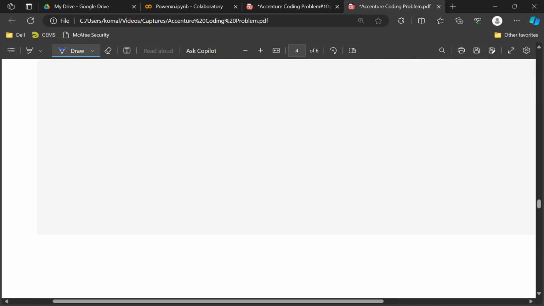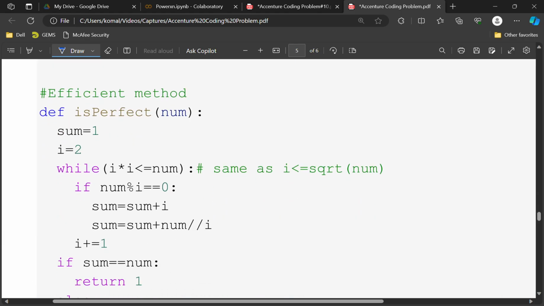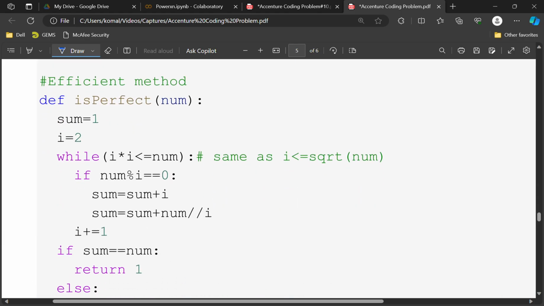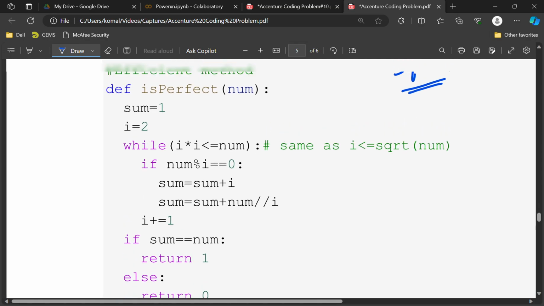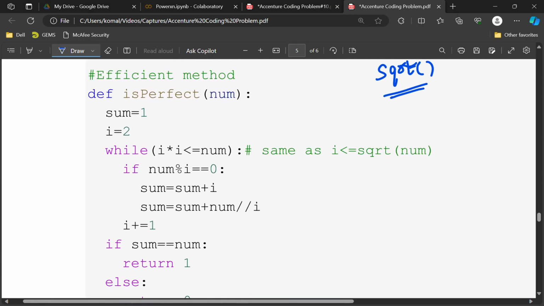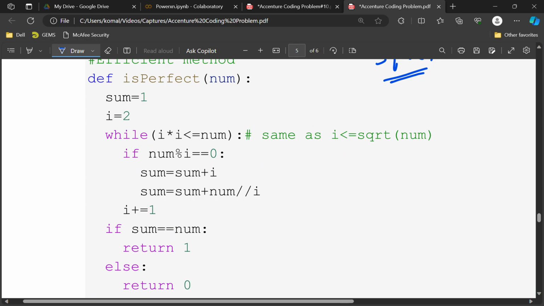Let us go through that efficient approach. As I said, I am going to apply this square root method. I am writing the function is perfect num. Here I am assuming sum to be 1.